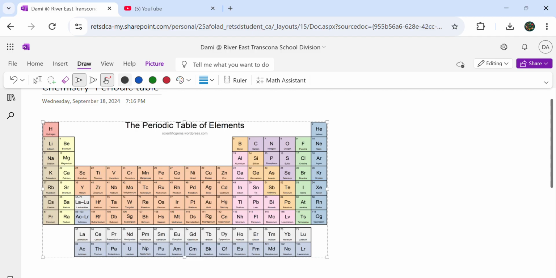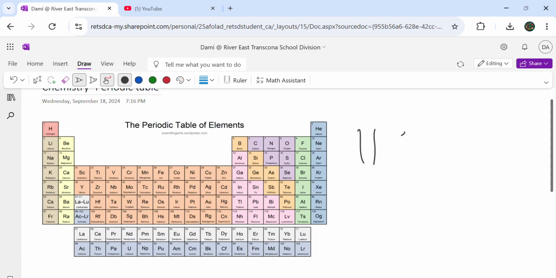So let's get started. We have 118 elements on the periodic table, and these are grouped into 7 different groups. We have this group, which is what we call group 1. These are the alkalis. I'm going to use a different color for each of the groups.